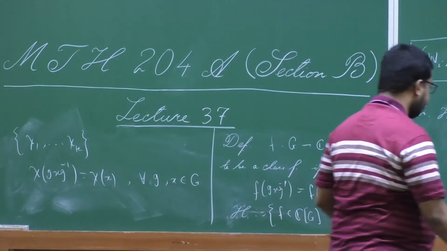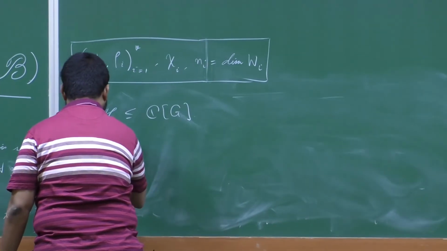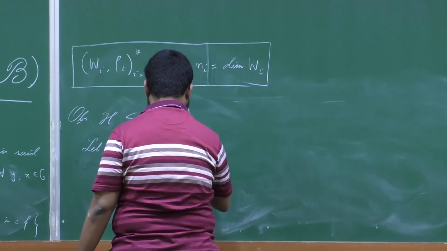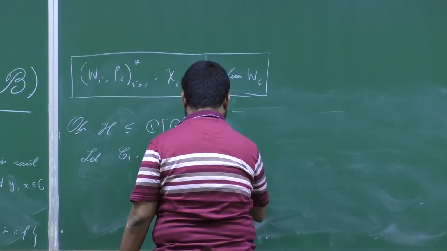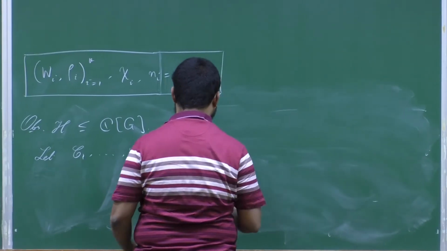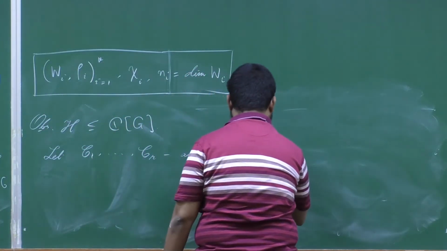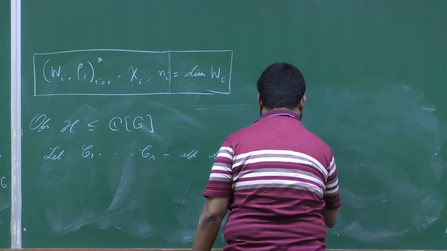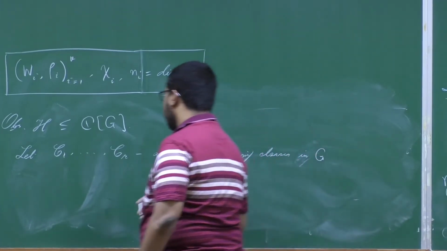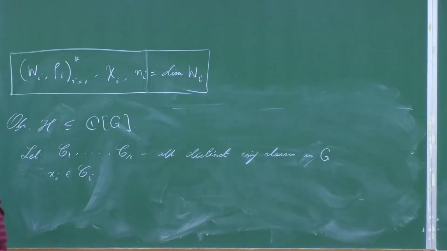So what we do is, let C1 up to Cr be all the distinct conjugacy classes in G. They are distinct, so they are going to be disjoint. Also we let xi belong to Ci.